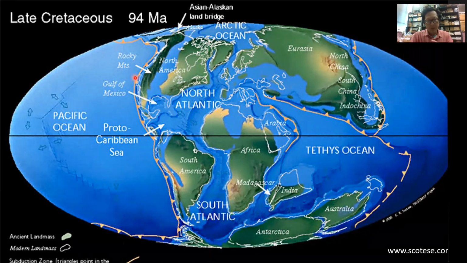But in the Mesozoic, we developed a very strong subduction zone, where the ocean basin, the sea floor, is actually sinking beneath the continent. That's denoted here by this orange line with triangles, or teeth, if you want to call it. And the teeth are sitting on the upper plate, and the other side is the oceanic plate and it's sinking.